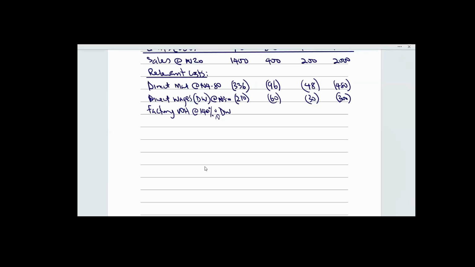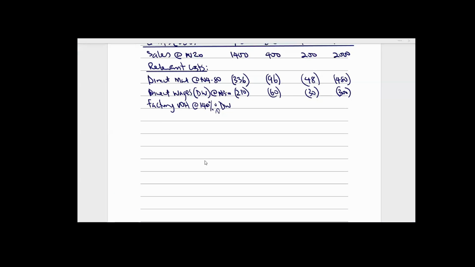So for Lagos, direct wages is 210,000 multiplied by 1.4. 140% is the same thing as 1.4. That's 294. For Benin, 1.4 multiplied by 60. That's 84,000.